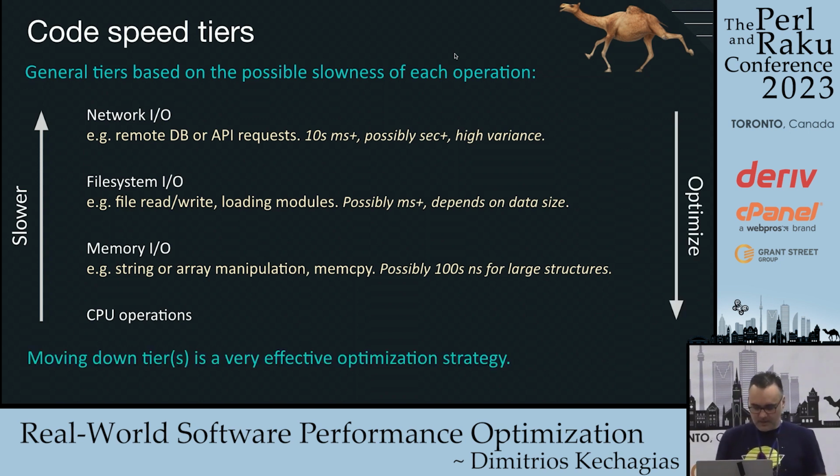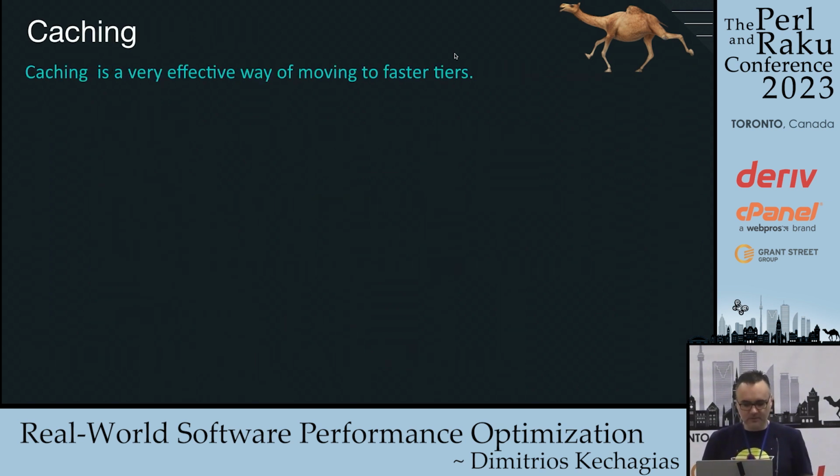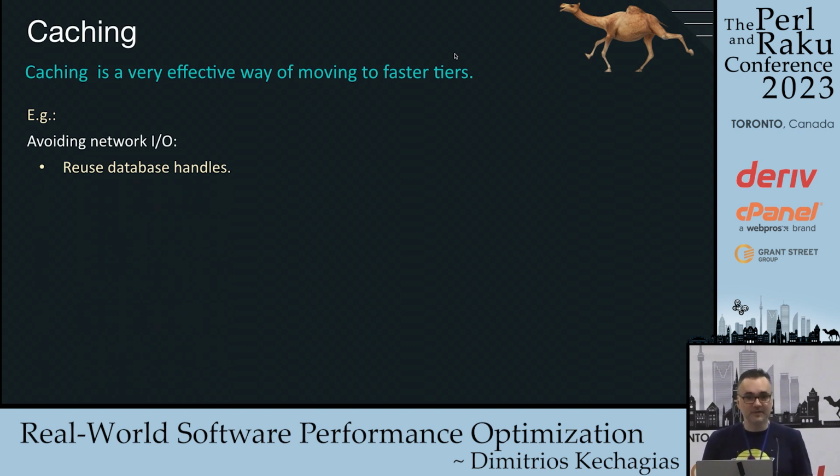Okay. So moving down tiers is a very effective optimization strategy. And one way to do that is caching. For example, to avoid network I/O, you can reuse database handles. Each time you open a new database handle, you have to go to the database, come back, negotiate and come back.